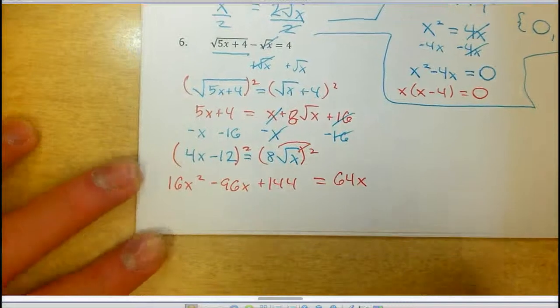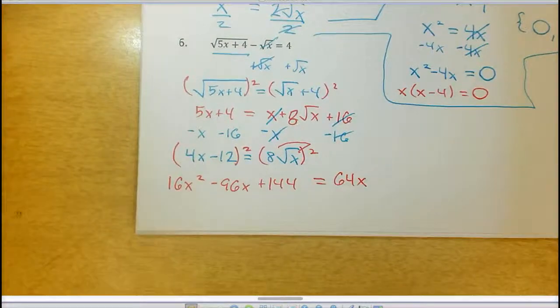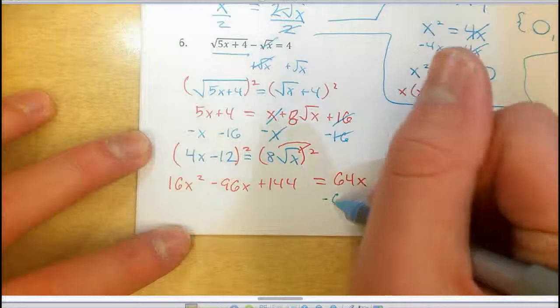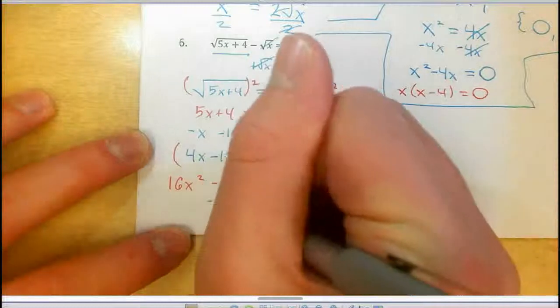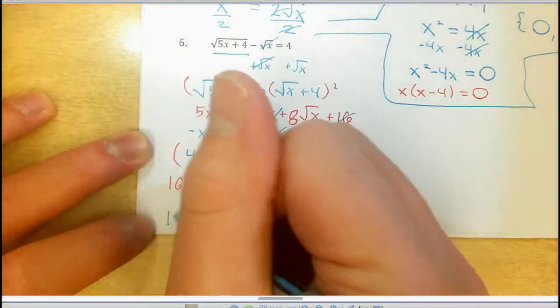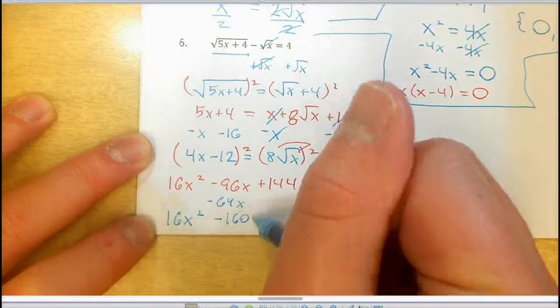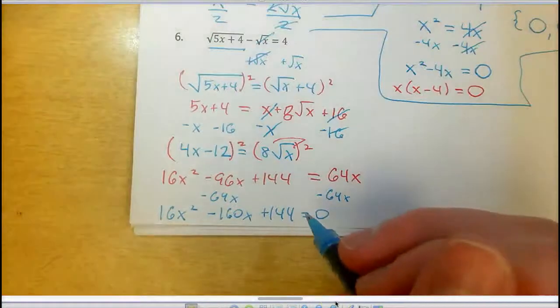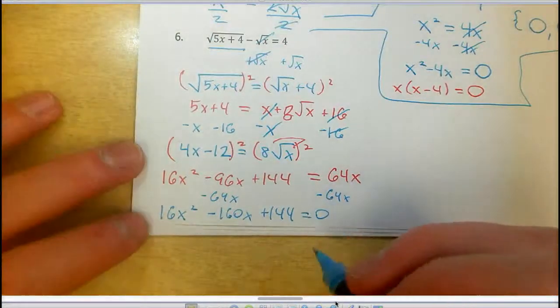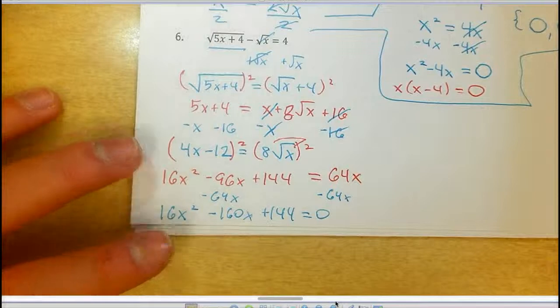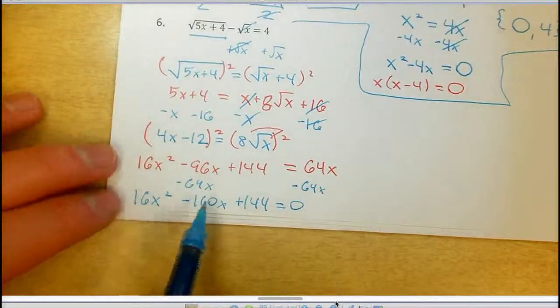Okay, so now we have another quadratic here. I can subtract 64x from both sides and get 16x squared minus 160x plus 144. And now we have a quadratic equation that looks kind of terrible, but if we're smart, we're going to look for GCFs. I know that 16 goes into 160.